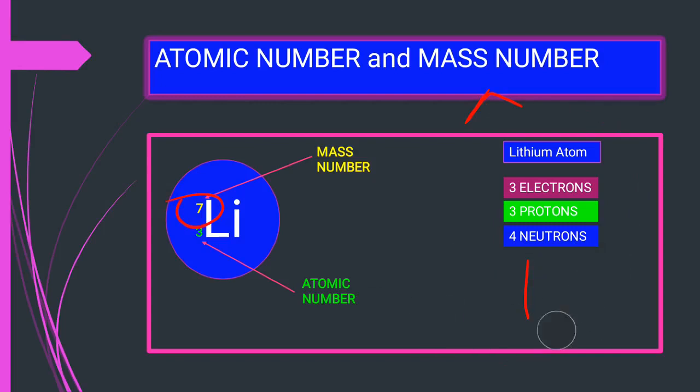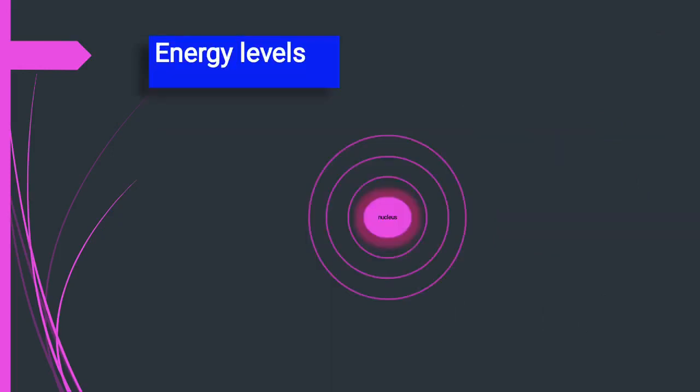We look at something different, and that is energy levels now. Like I've just mentioned, different atoms have different numbers of electrons. What does that mean?